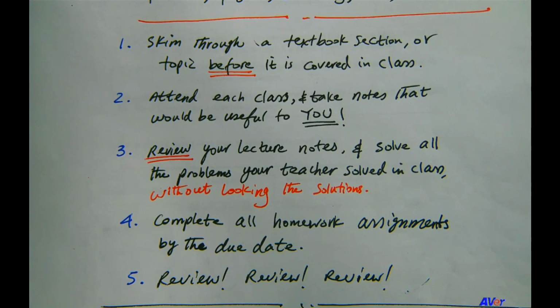Then revisit the section in the book. This time solve all the problems that the book has already solved as examples. Resolve those examples without looking at the book solutions, and then come back to the video and watch these examples that I go over.